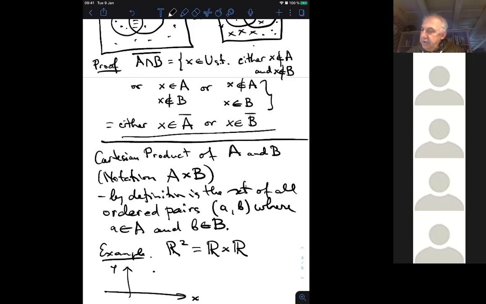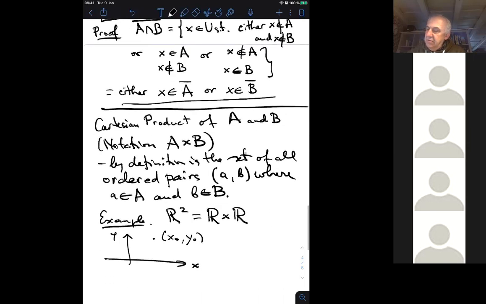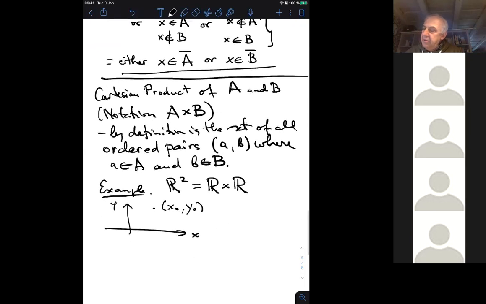Each point in the plane is a couple of coordinates, the first coordinate and the second coordinate. In this sense, it's a Cartesian product of two copies of the real line.